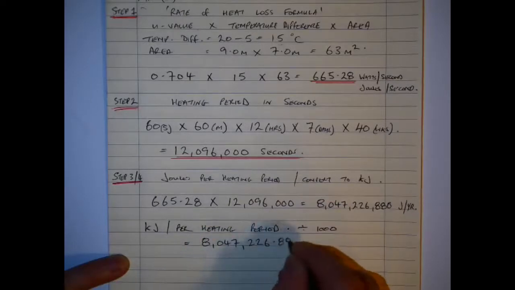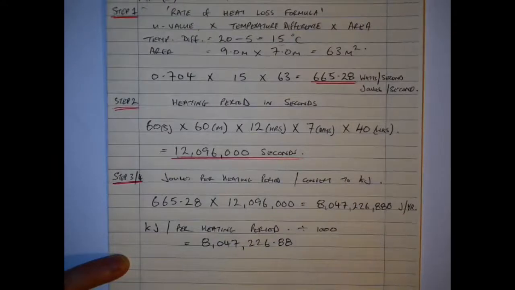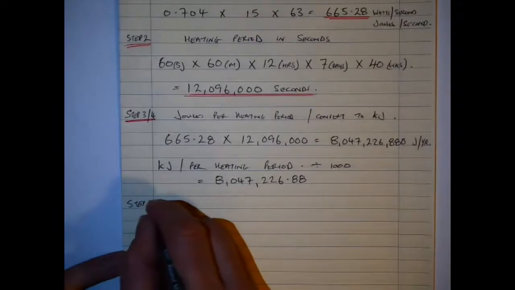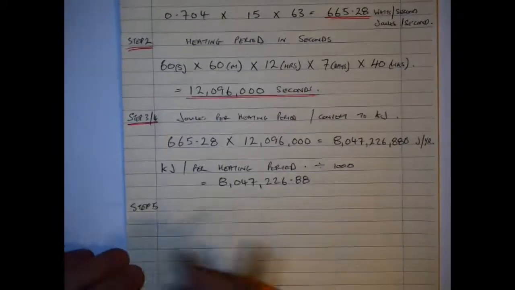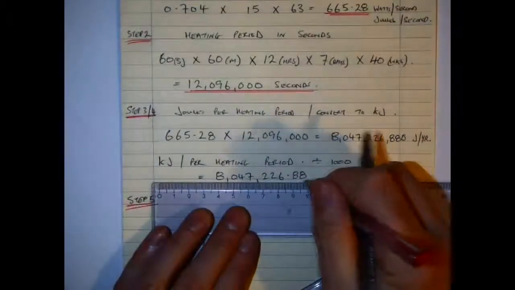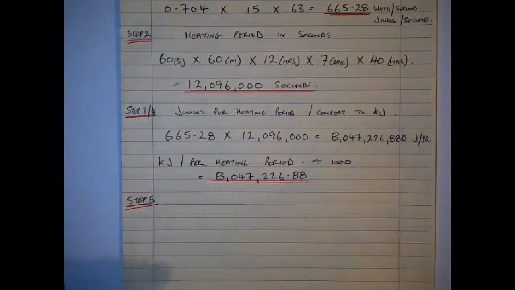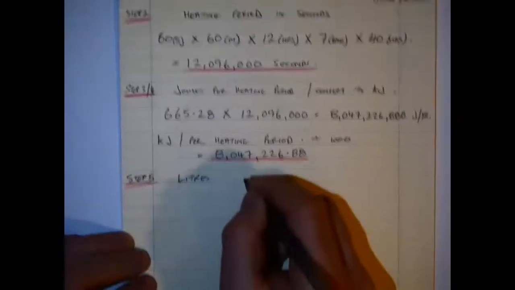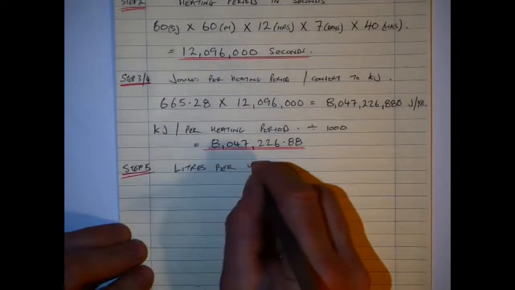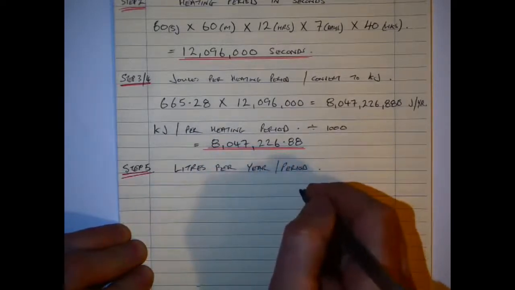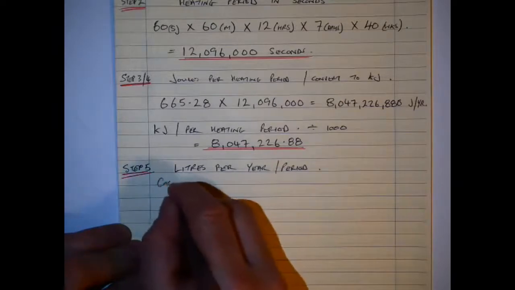Just to recap on the points again. 1 is the rate of heat loss formula, you apply that. 2 is the heating period in seconds, and then steps 3 and 4 are where we take our joules per heating period and convert it into kilojoules. The reason we convert it into kilojoules is because we're given a value for oil in this case as to how many kilojoules 1 litre of oil will burn. So we're looking for litres per year, or for the period of time.